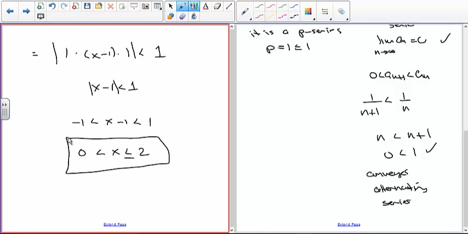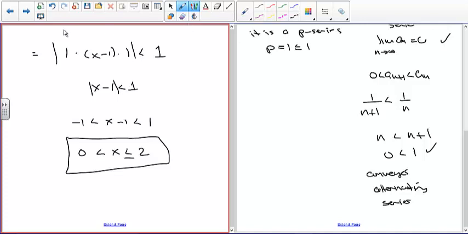One endpoint will converge and the other will not converge. It may not be the same side. But I will tell you that much, that one side will converge because it's an alternating series, and the other side will not converge because it's a p-series.